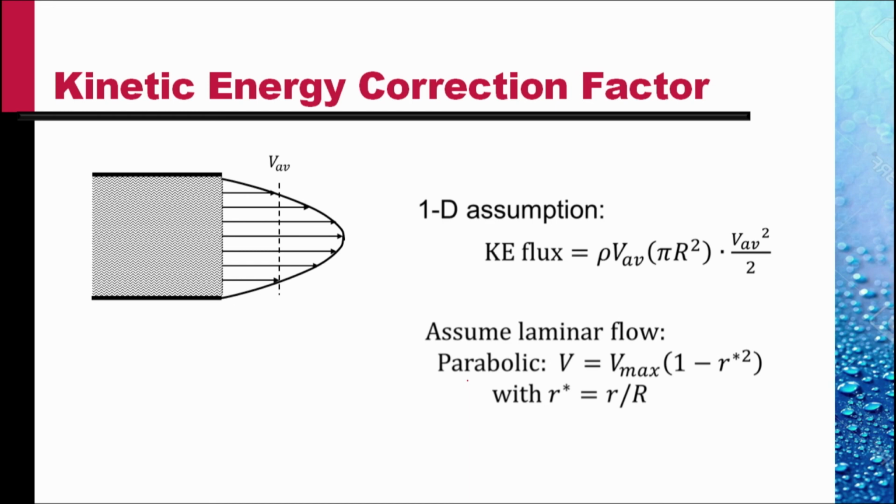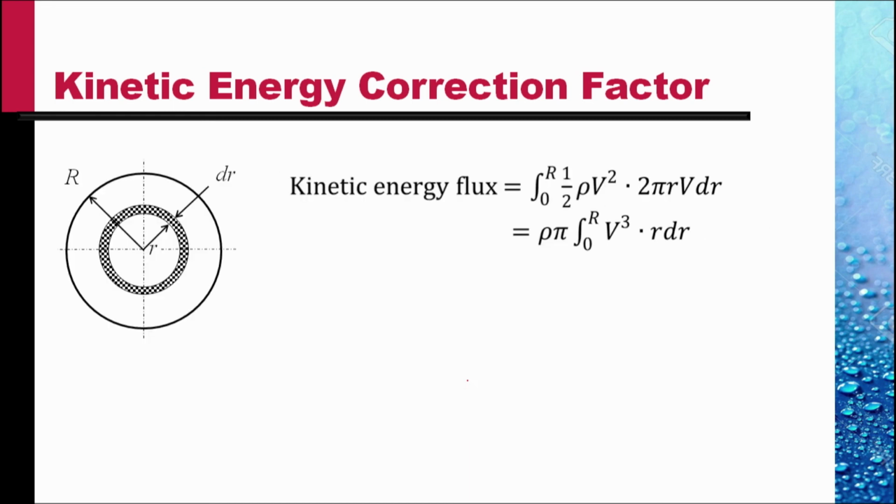Now, let us assume a laminar flow. In a laminar flow, the velocity profile is given as V is equal to V max times 1 minus R star square, where R star is r by capital R, the radius of the inlet pipe. We have shown earlier that V max is twice the V average. Now, the actual kinetic energy flux would be obtained by considering a ring of thickness dr at radius r.